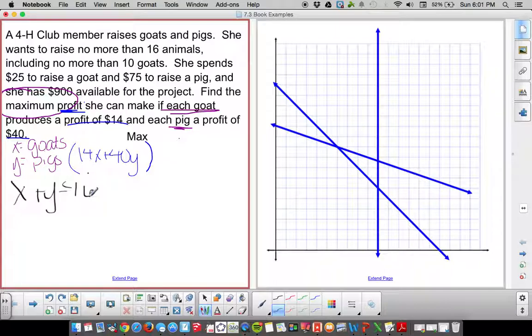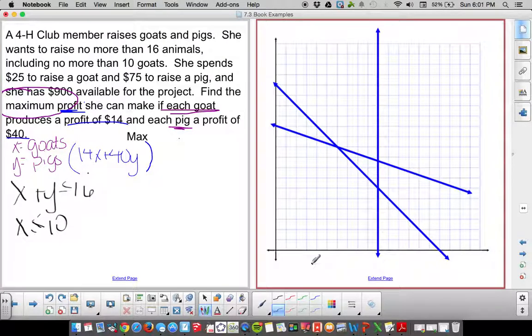Okay, I also have that she wants to raise no more than 10 goats. Well, x is the number of goats, so x can be no more than 10. So x has to be less than or equal to 10. I also know from the problem that it takes $25 to raise a goat and $75 to raise a pig, and I also know that she has $900 available to spend.